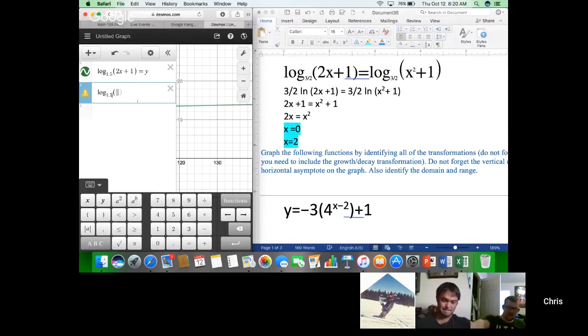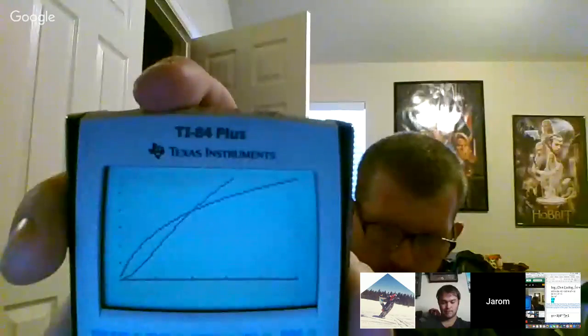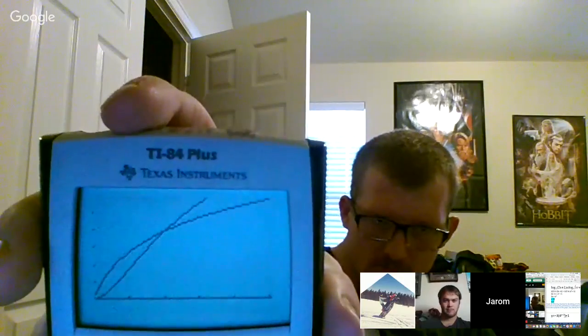So this is what I got for the graph. There we go. Yeah, so it looks like there's another intercept.